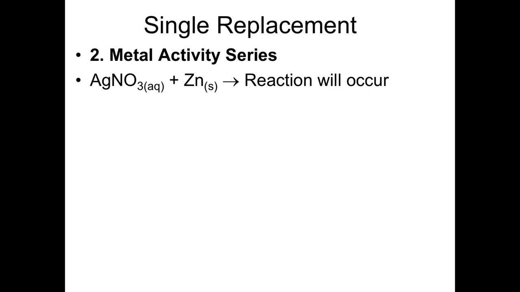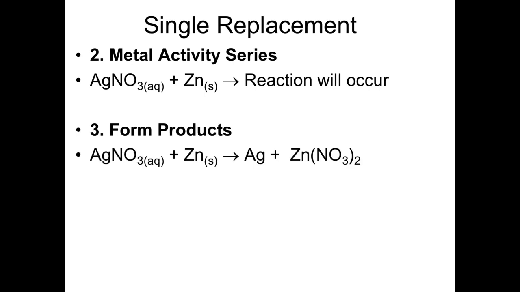Then we form our products. Since nitrate wants to be with zinc more, nitrate's going to kick silver to the curb. So silver is going to be by itself, and now zinc is going to be with nitrate.